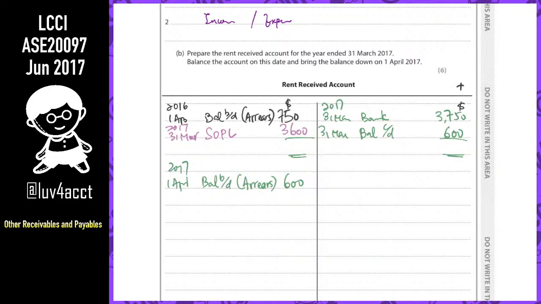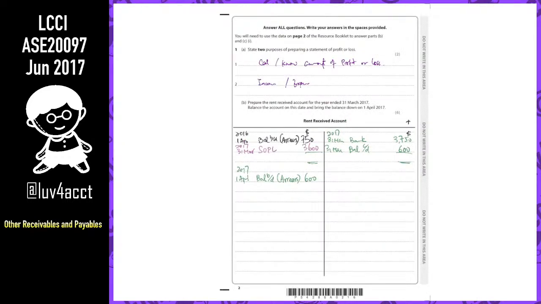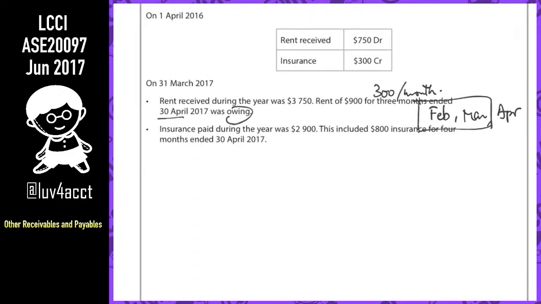Okay, so let us go to the next account. Insurance paid during the year 2900. This included 800 insurance for 4 months ended 30th April. The same, but then this time it is a prepayment because it included a certain amount.